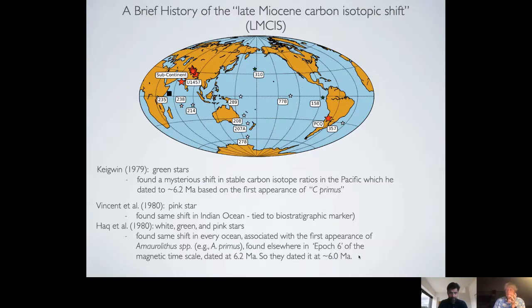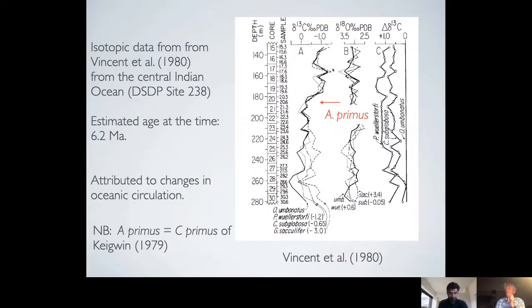So I'll show you an example of the data from the time. So this is DSDP hole site 238, and this is the delta C13 data, and you can see this shift that happened just after the first appearance of this guy called Amaurolithus primus.